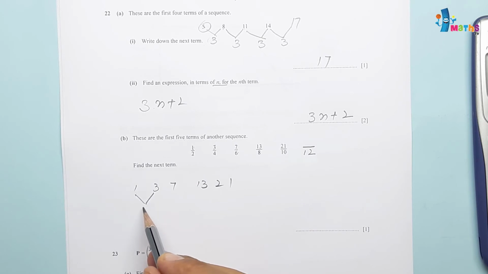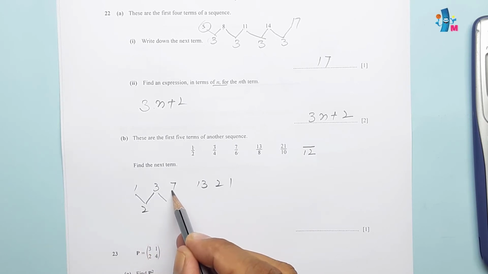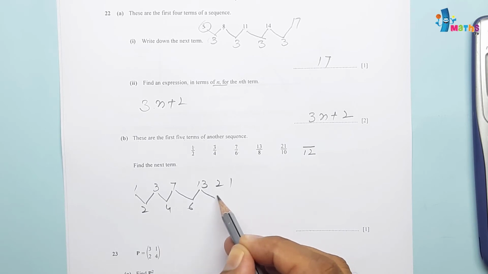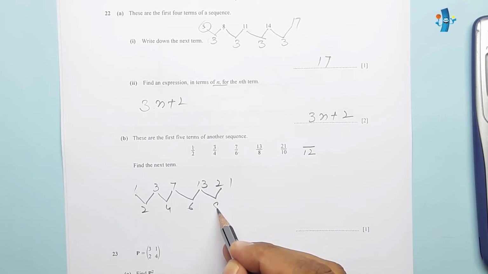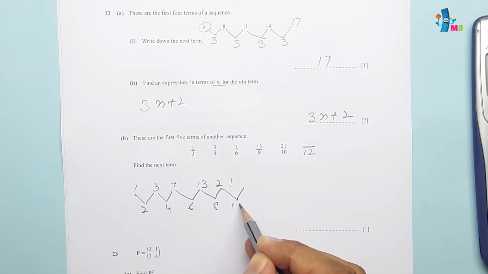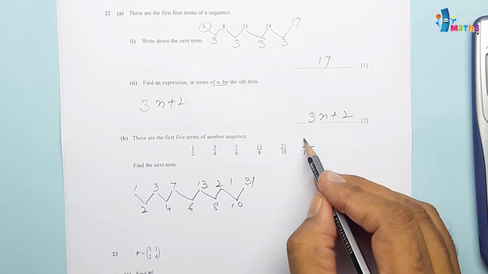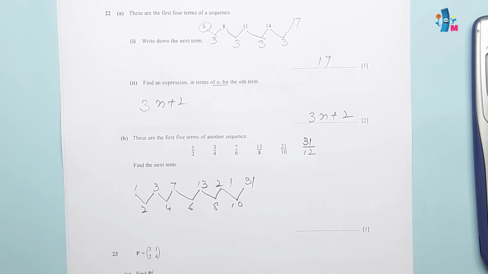The difference between these two is 2, then 4, then 6, then 8, next will be 10. So 21 plus 10 will be 31. So here we can write 31.